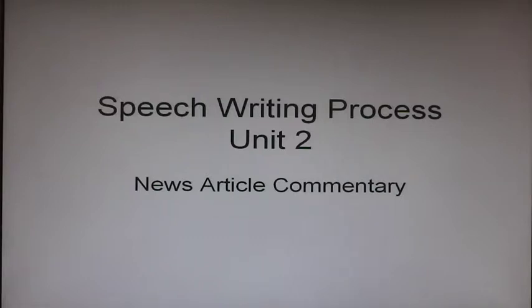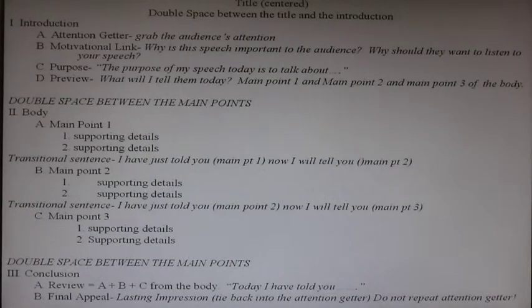Okay, so on the next slide I'm going to show you the basic outline. I don't want you to write anything down, so don't write anything down. I'm just showing it to you so you can see the big picture of everything that you're going to be writing down today. Okay, so here it is. That might be kind of hard for you to read, but the part that I want you to pay attention to is the indentation.